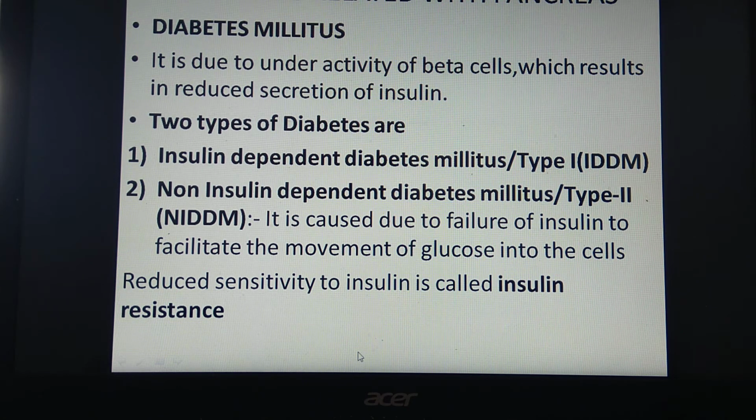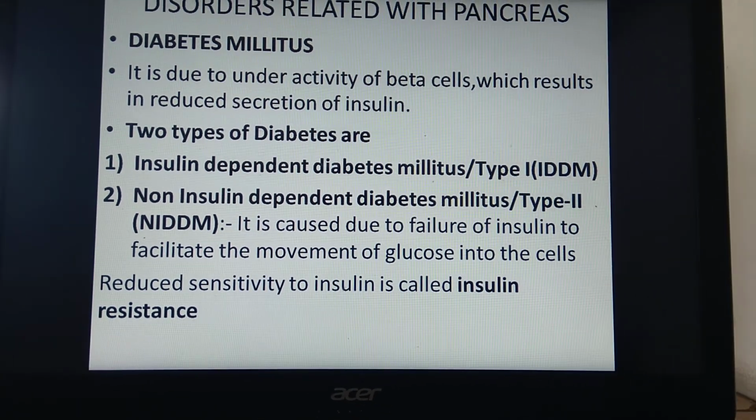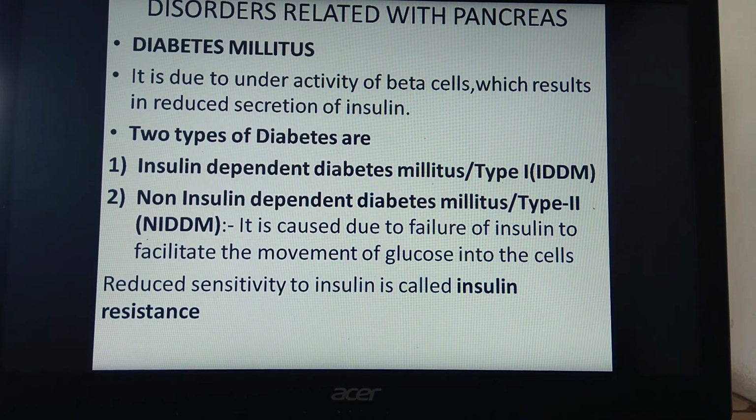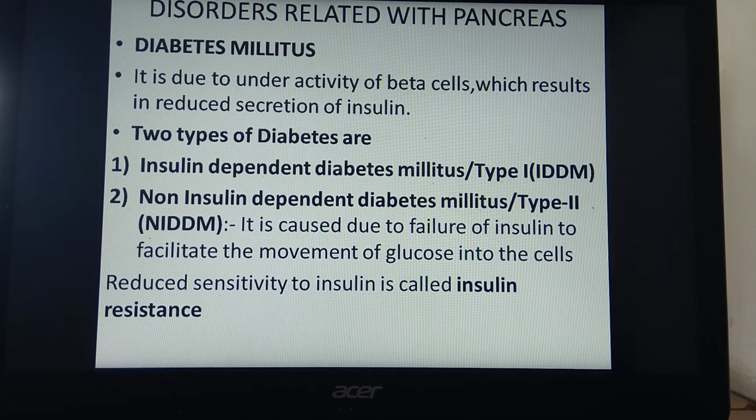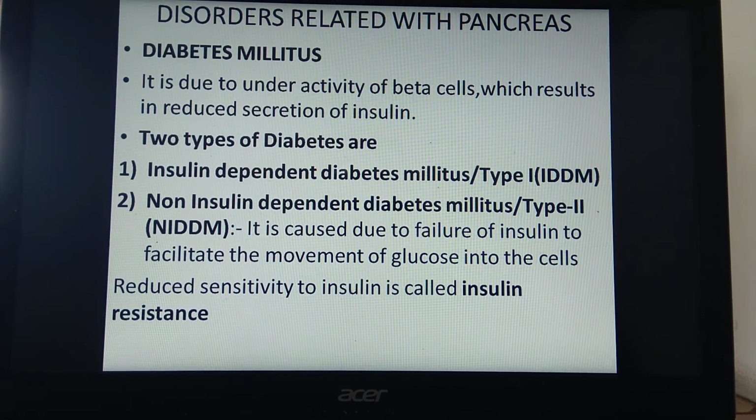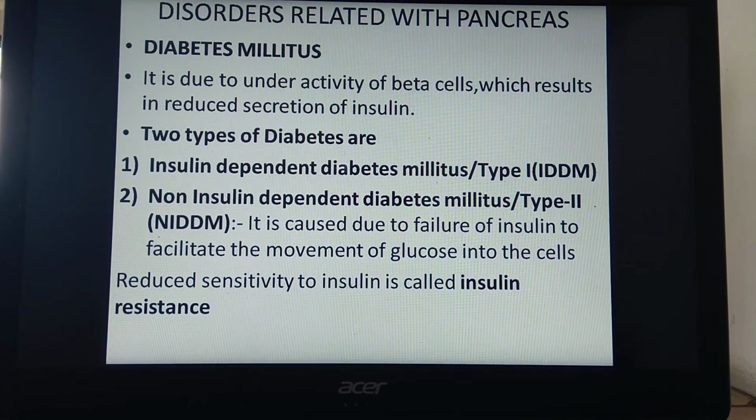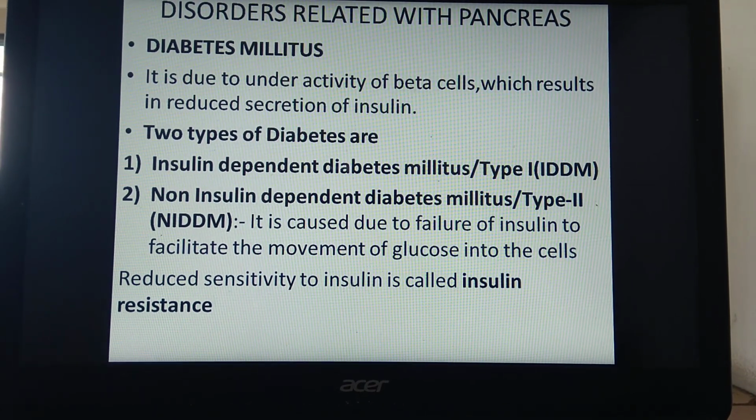Now we are going to study about disorders related with the pancreas. Which are the disorders related with pancreas? One of the disorders is called as diabetes mellitus. This diabetes mellitus is due to underactivity of beta cells, which results in reduced secretion of insulin.